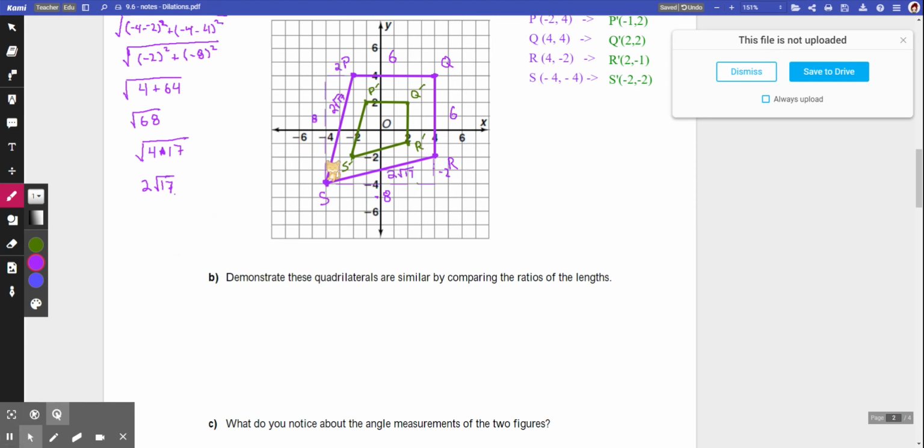And so for segment SP, I don't have to do the point calculations again because I can see I'm dealing with the same values. I'm just dealing with that same 8 and 2. So it's going to be 2 root 17 again. And then you do the same thing for the smaller one.